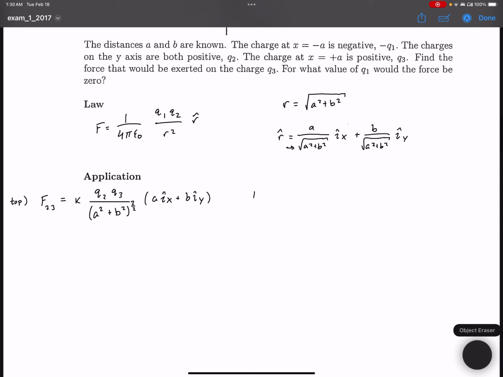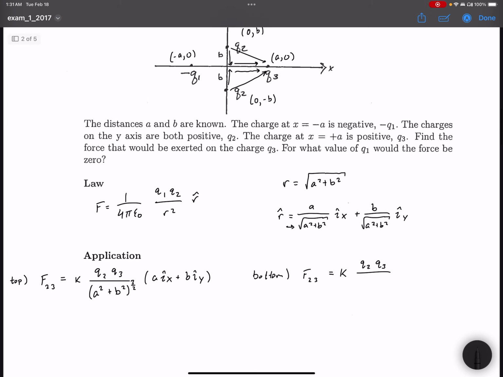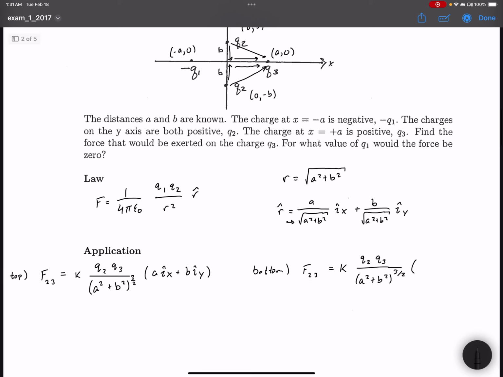And then we'll say the bottom Q2, the one that's at (0, negative B), we have F2,3 again. That's probably a bad format, but that's okay. Q2 Q3 again, and same thing: it's the same distance away, the same R squared, but the components are going to be different.